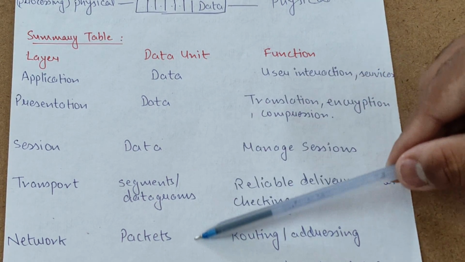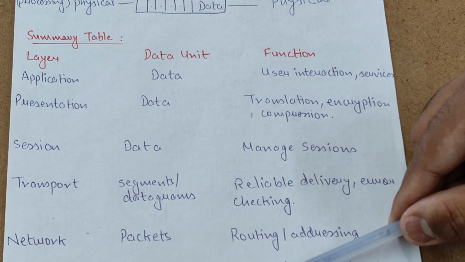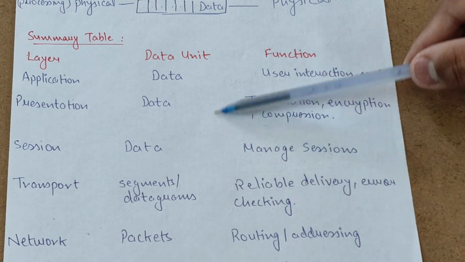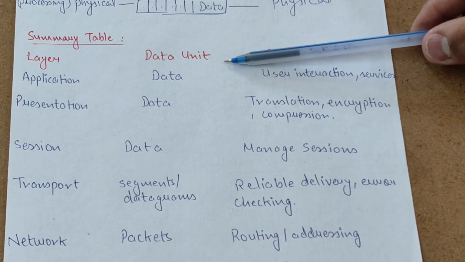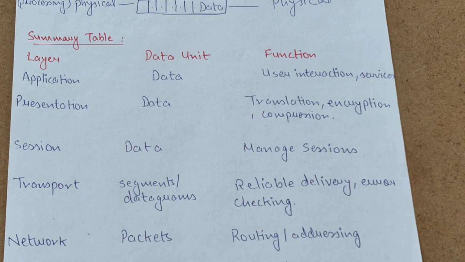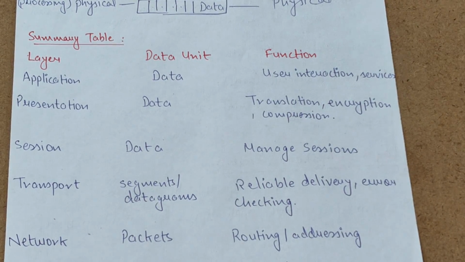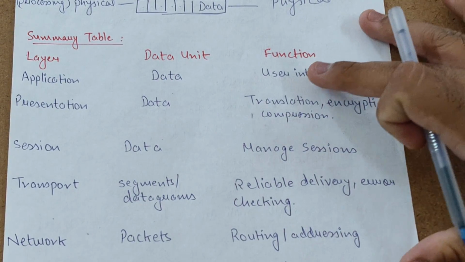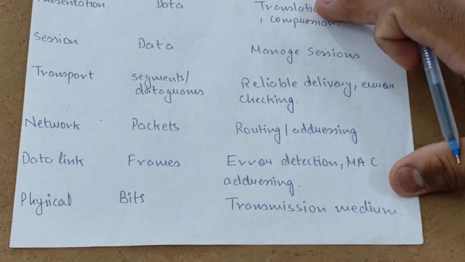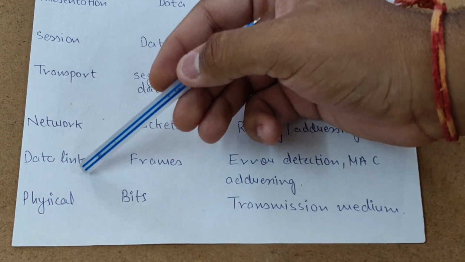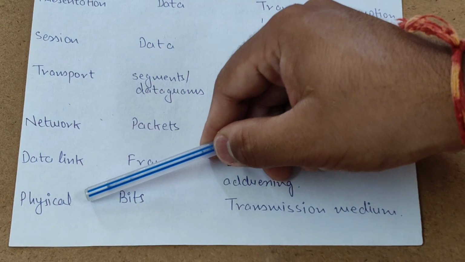We have to also remember the data units, which I also told you in the starting of the video. I'll also tell you about the functions in simple one-line explanations. We started from the physical layer in the starting, so I'll also start this from the physical layer only.